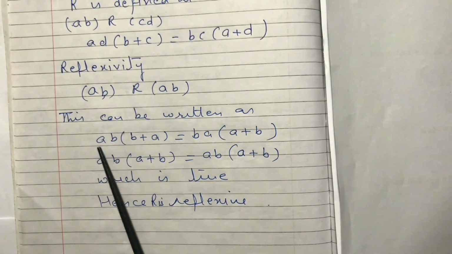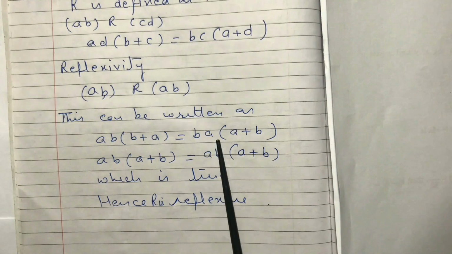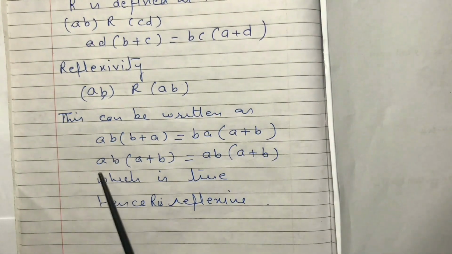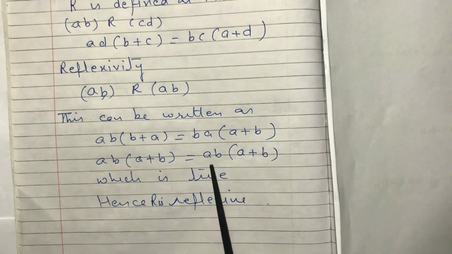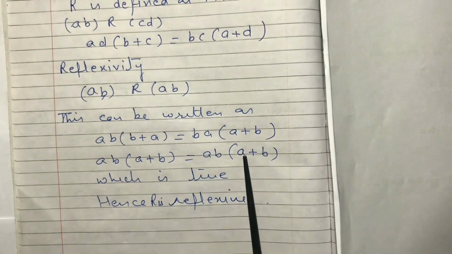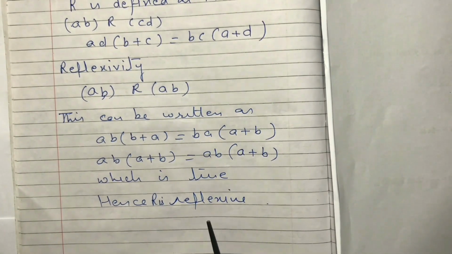So this can be written as ab(b + a) is equal to ba(a + b). It means ab(a + b) is equal to ab(a + b), and both are equal, which is true. So it is reflexive.